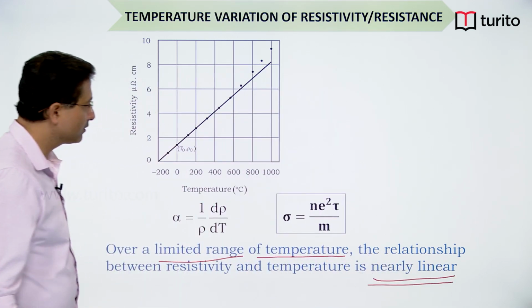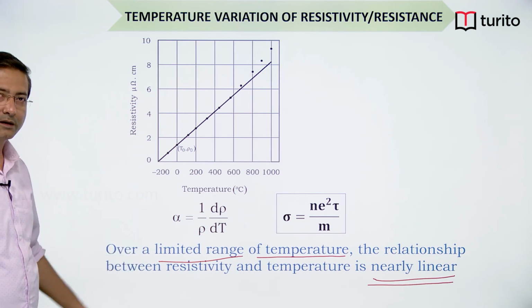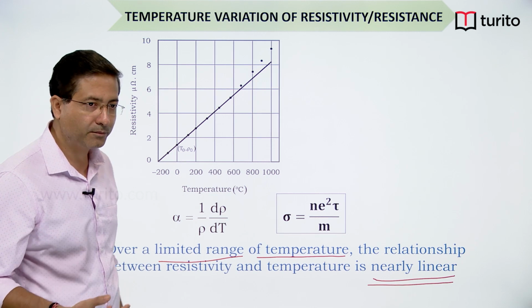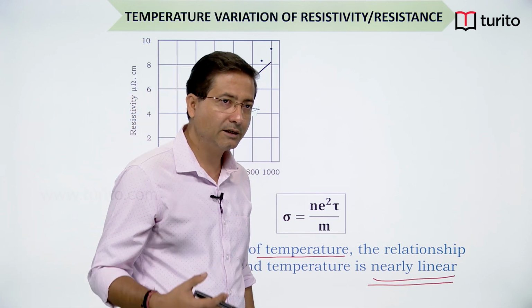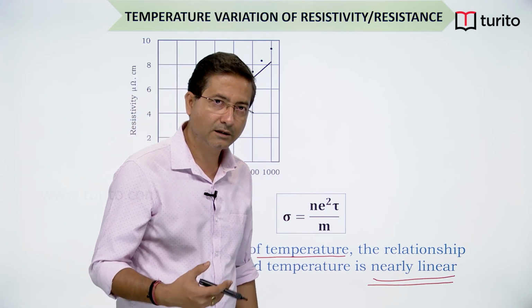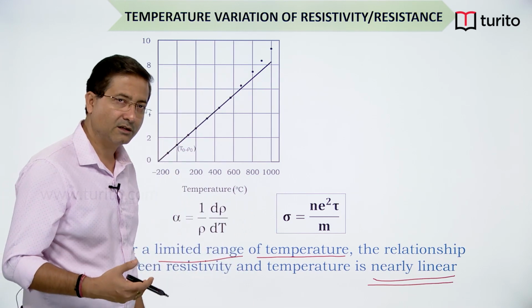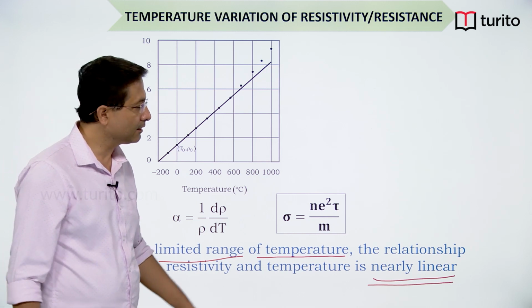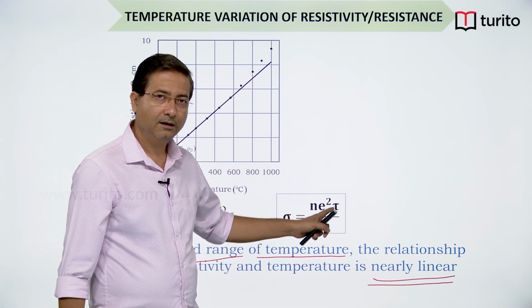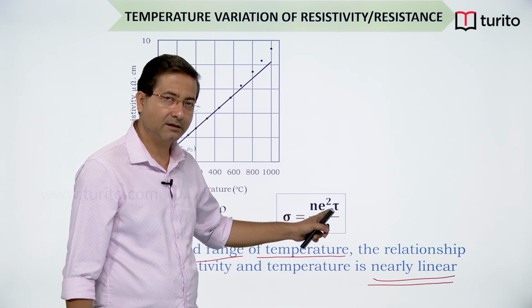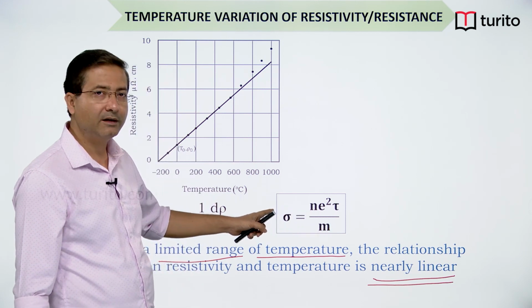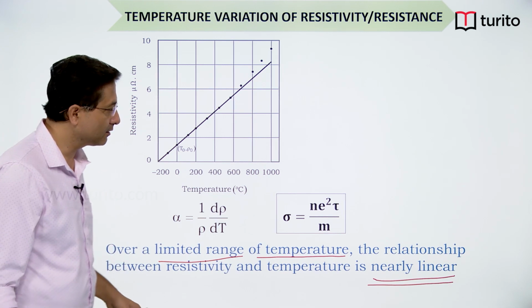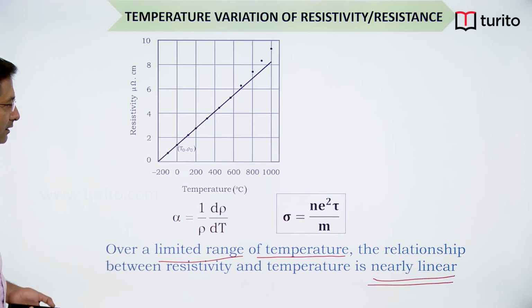Okay. So, I hope all these points are clear. You take a material, you heat it up, as you heat it up, its resistance increases, its resistivity increases. The reason behind that is reduction in relaxation time. So, relaxation time will affect conductivity, and that in turn will affect resistivity of the material. So, this whole thing is clear.